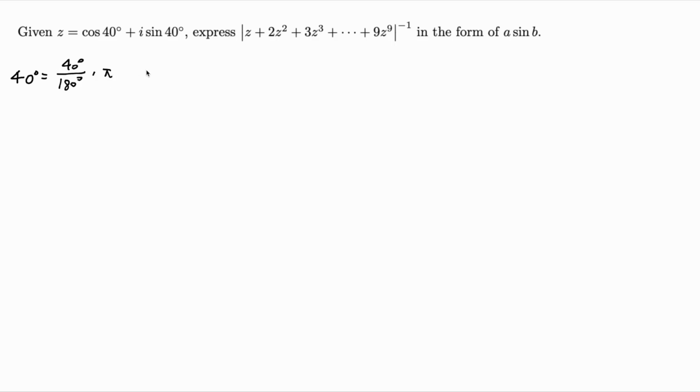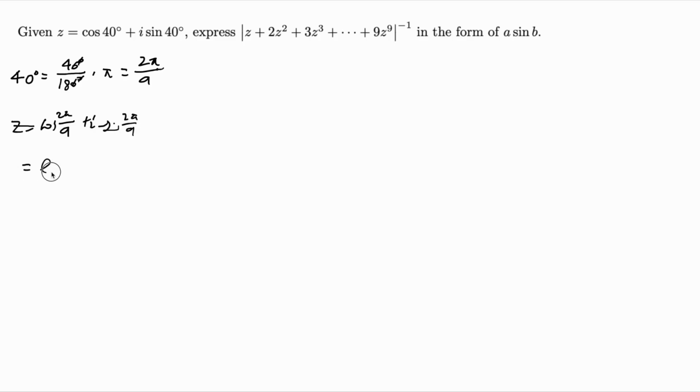We should have a radian sign here, but by convention we know that this pi is not just pi but pi radian, so I will skip that. The degrees cancel out and the zeros also cancel out, so this is equal to 2 pi over 9. Now, in other words, z is equal to cosine of 2 pi over 9 plus i sine 2 pi over 9.